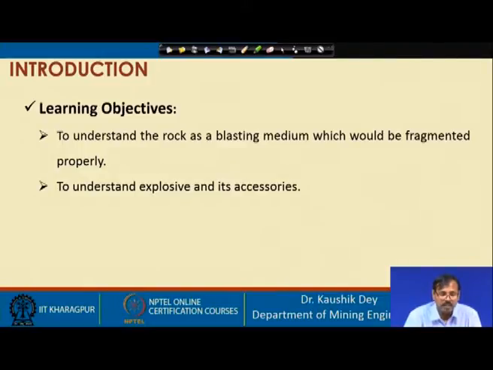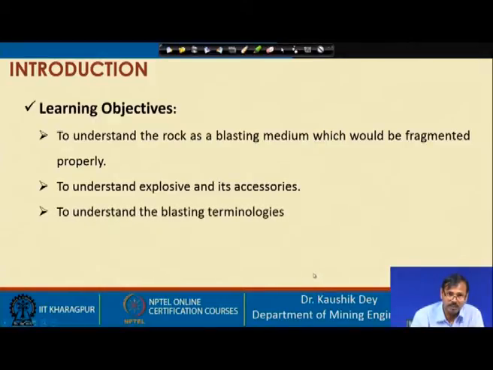That means these accessories are the tools for the blast designer, the blast engineer, where he will control the release of the energy inside the rock mass. Apart from that, he is achieving his own safety using these accessories. So, these accessories are very important in the explosive and its use in commercial blasting.